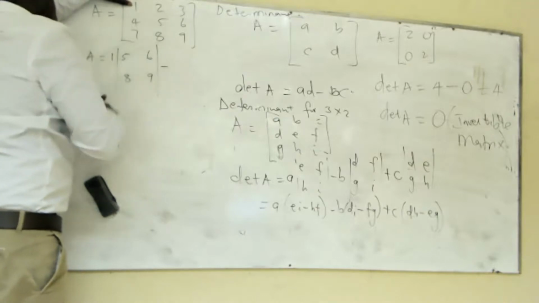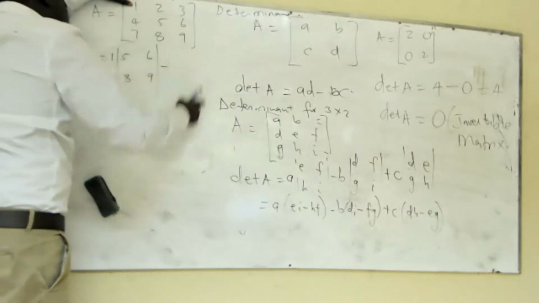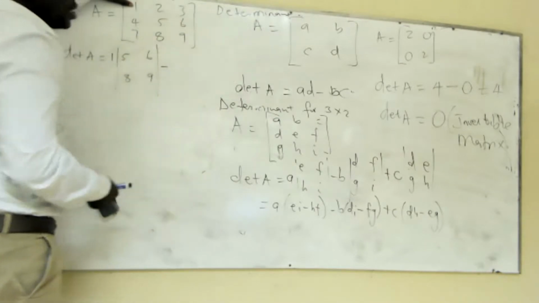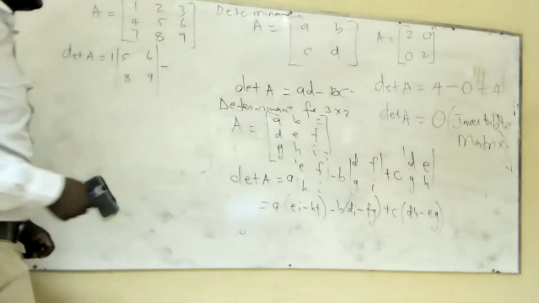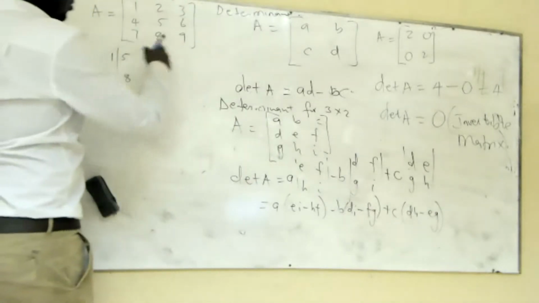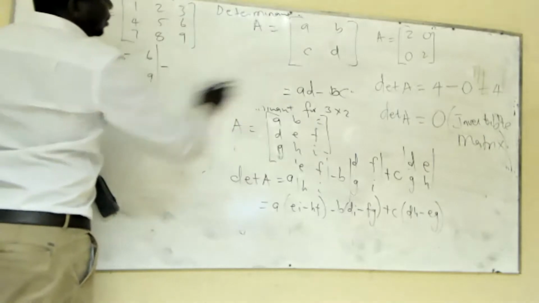The first one is positive, the second one is negative, the third one is positive. It alternates. I'll give you the reason why they alternate at a later stage. For now, just take it as the formula.